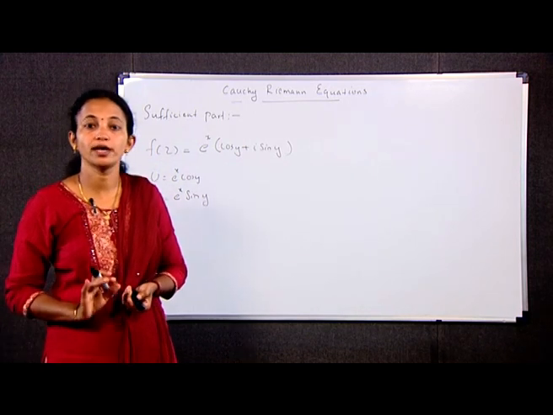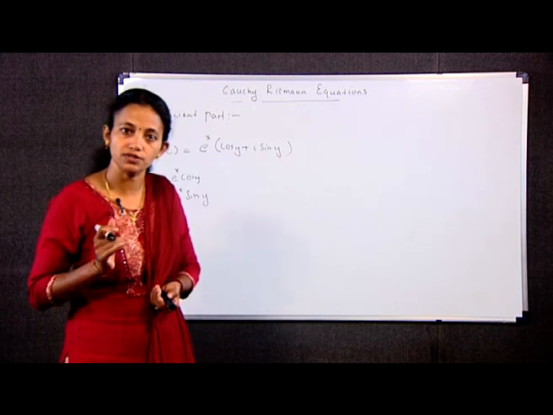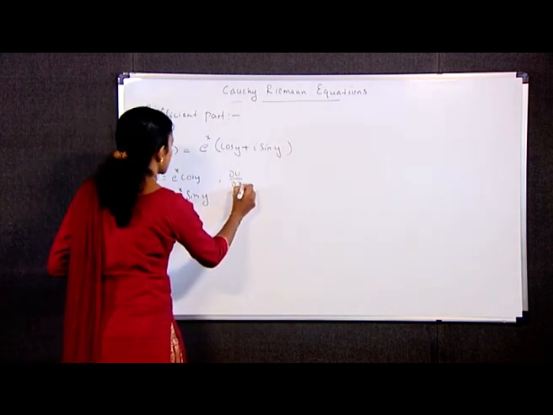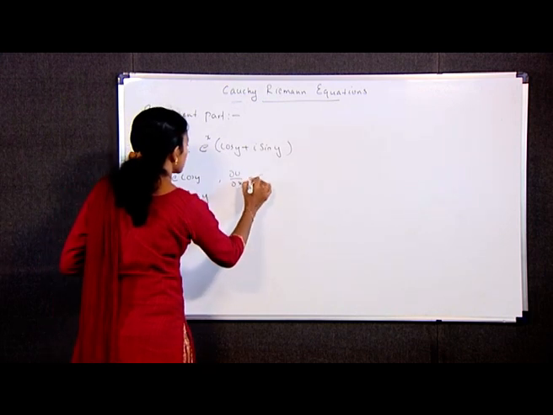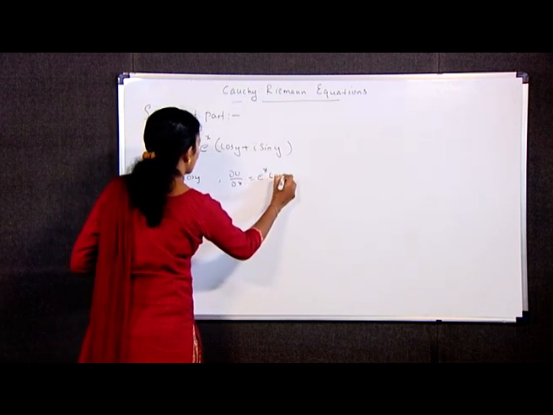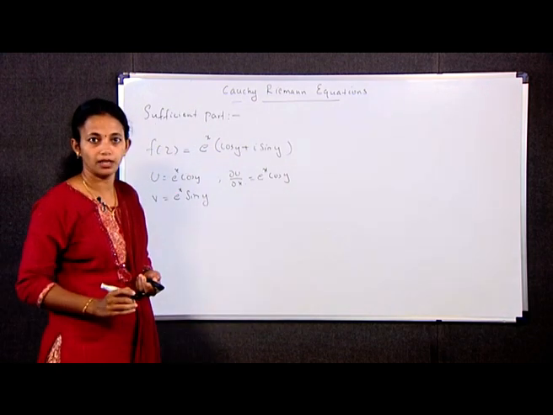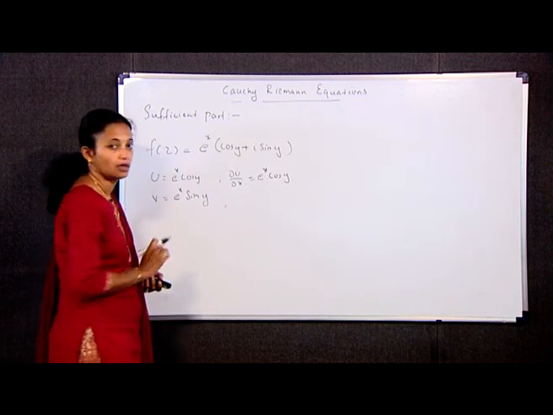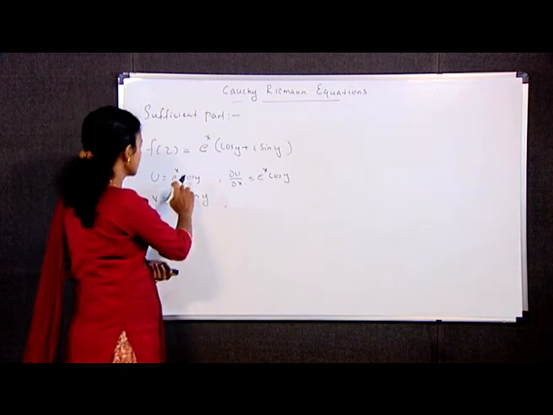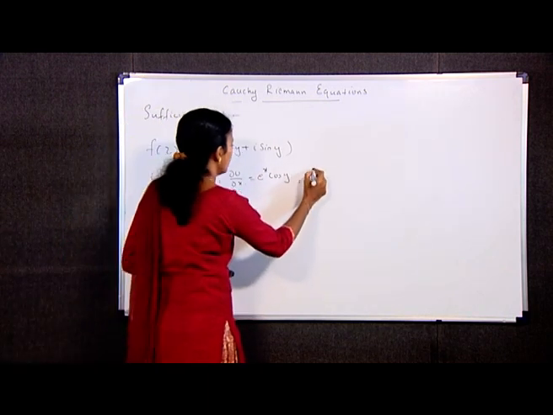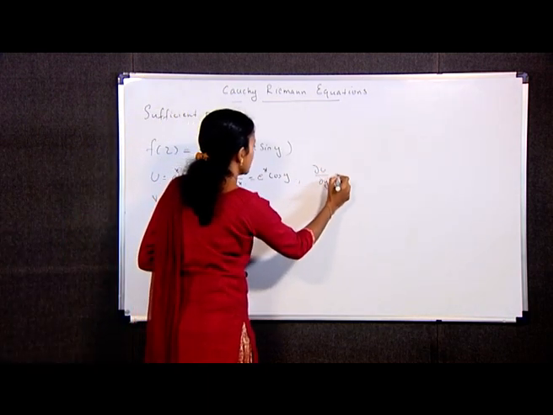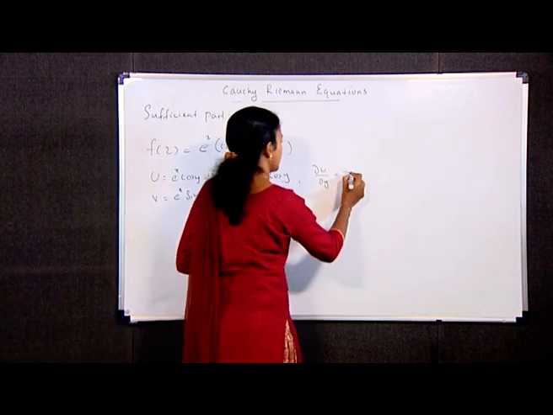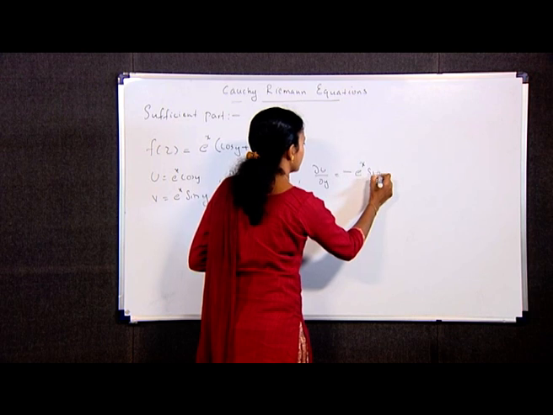Then dou u by dou x is equal to e raised to x into cos y itself. Similarly, dou u by dou y is equal to minus e raised to x sin y.